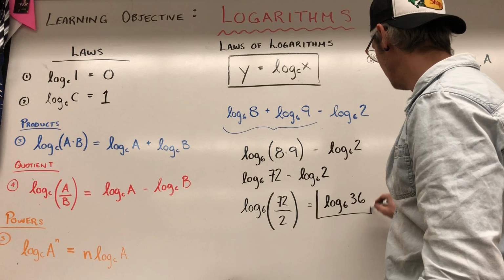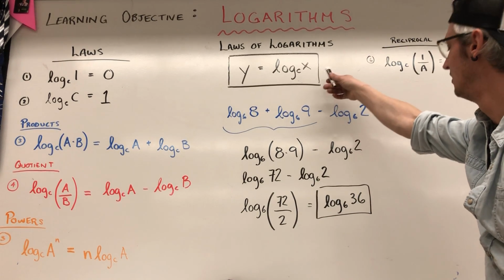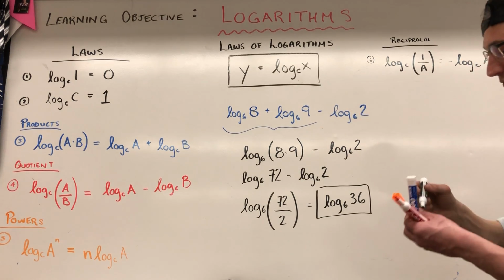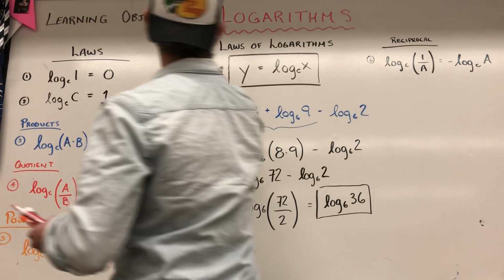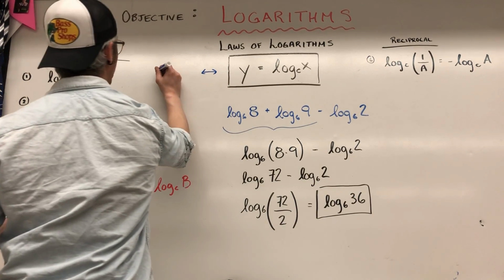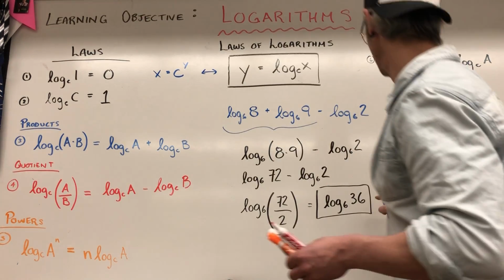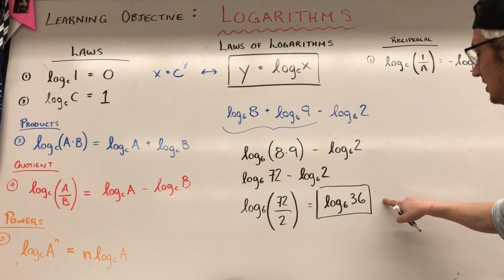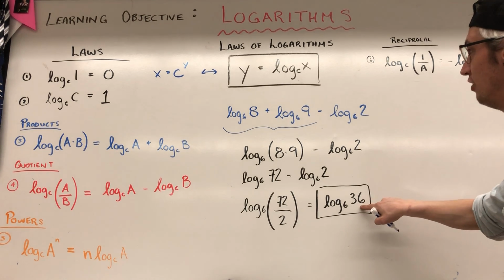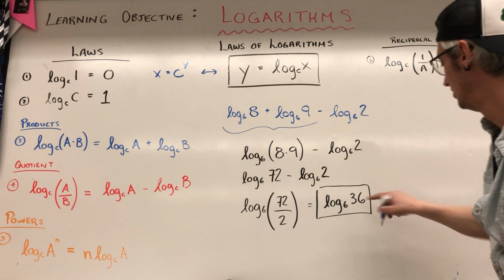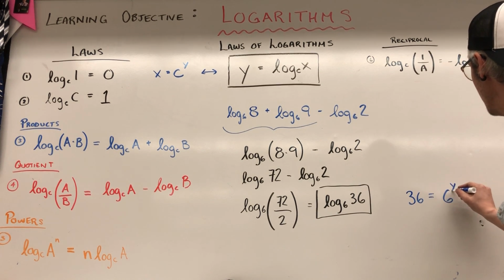Okay? That's simplified, but guess what? I can actually solve this because I know that I can rewrite a logarithm. I've erased it here, but this is interchangeable. This is another way of writing x is equal to c to the y. So if I do that, 36 is equal to 6 to the y.